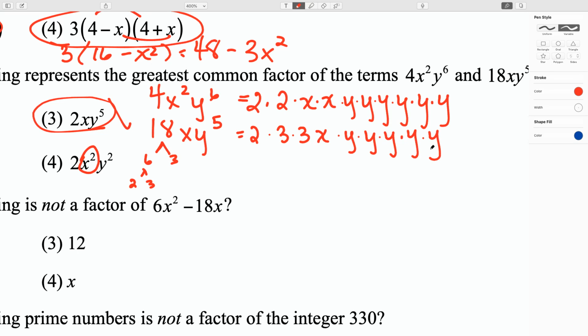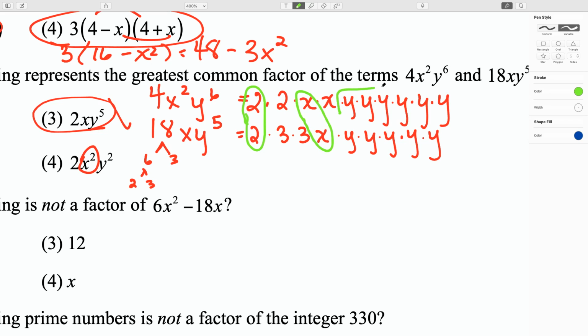So now that the terms are expanded and you can see all of the factors, how do we determine the GCF? You just have to see which ones are in both. They both have a 2. They both have 1x.